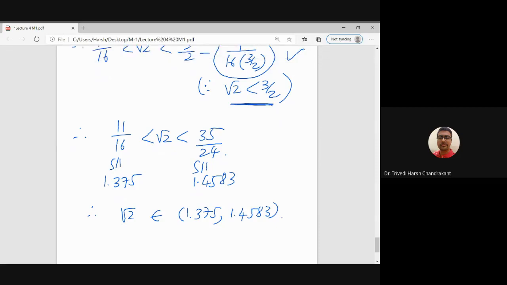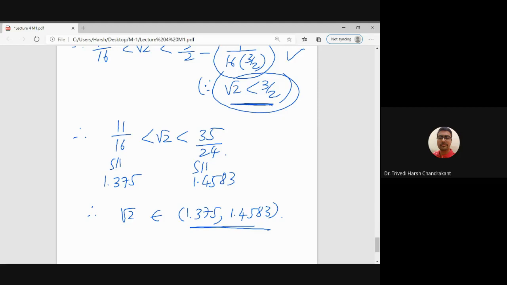So this interval we are getting using the extended mean value theorem and this particular estimate. All right, so we are using extended mean value theorem for when the f dash is differentiable. That means function is 2 times differentiable.